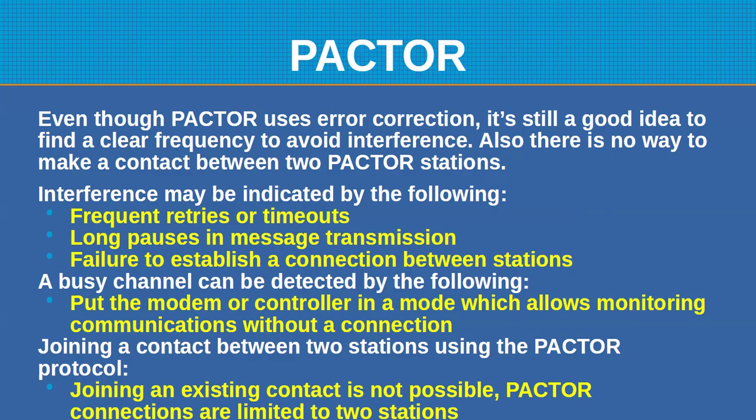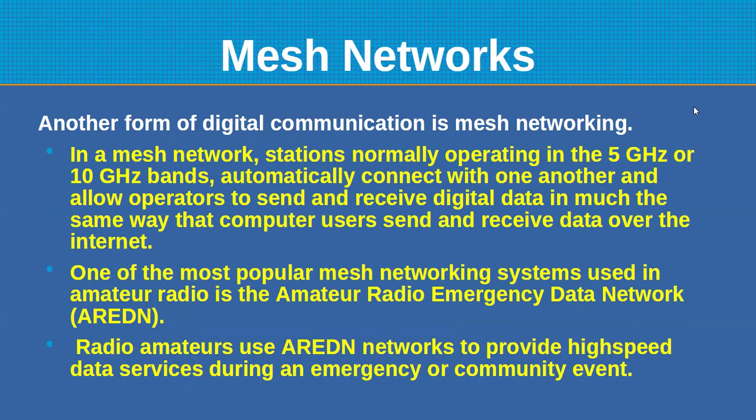And that's basically this last one. You're limited to 2 stations at a time. It says you cannot connect 2 Pactor stations together. So if somebody else is using Pactor, you can't connect to that Pactor station.